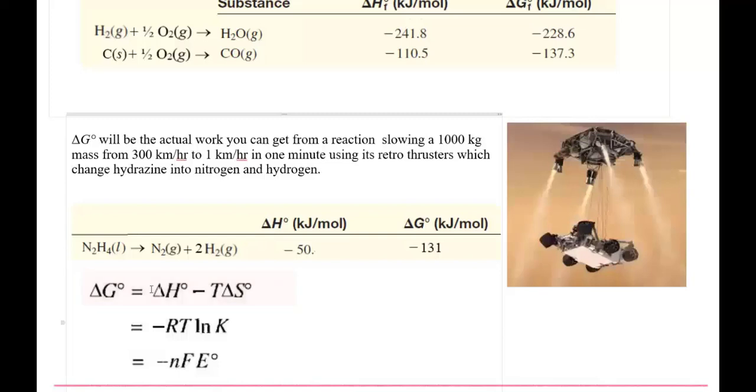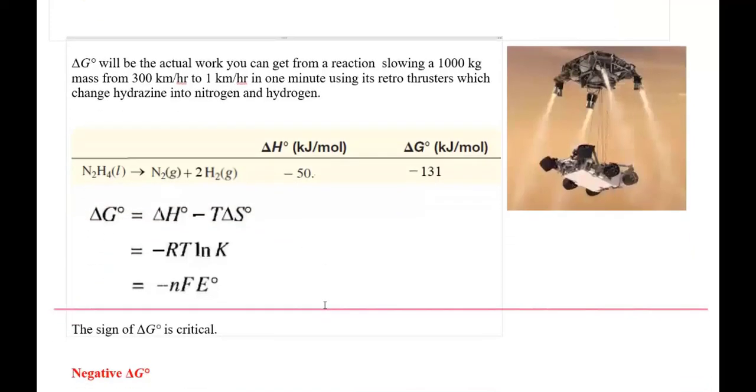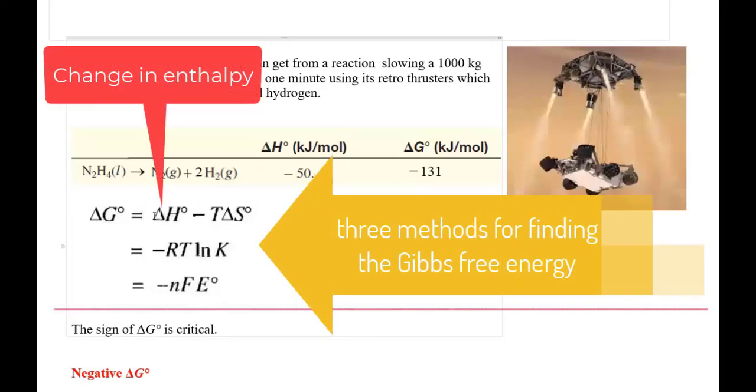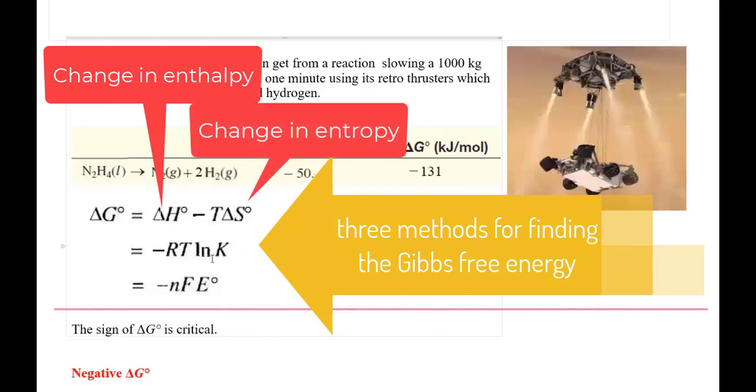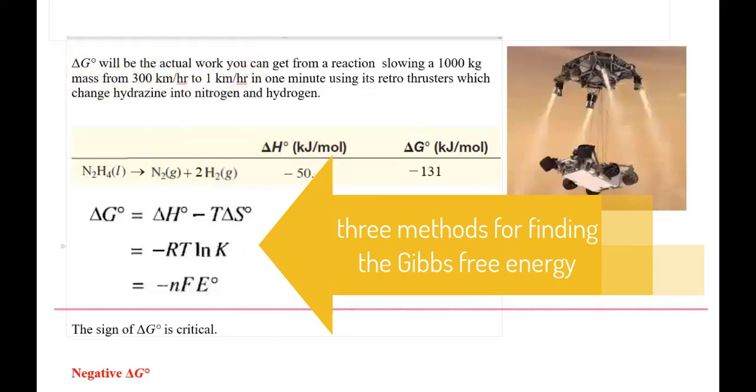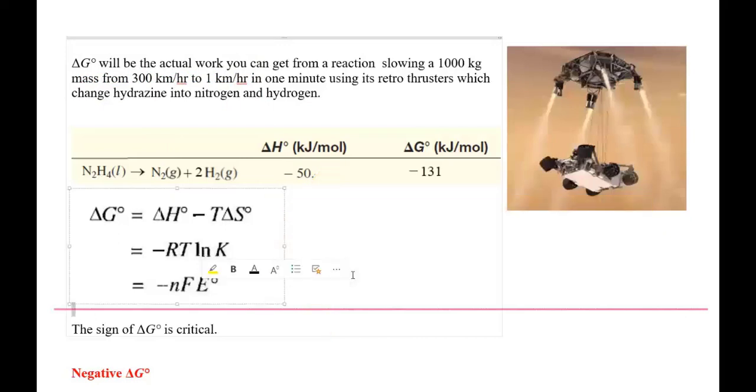On the thermo section of the AP equation sheet, there are three equations that deal with Gibbs free energy. One of them has enthalpy in it, and we'll get to this later. Another one has the equilibrium constant tossed in it, and the other one has voltage, E, batteries in it. And we'll cover this last equation in the next chapter.